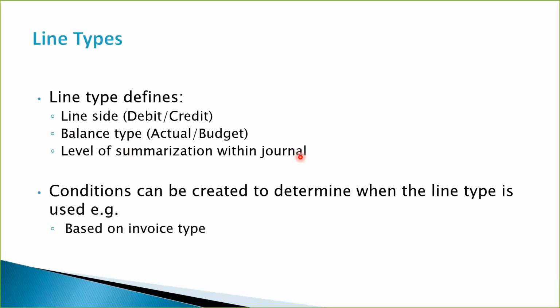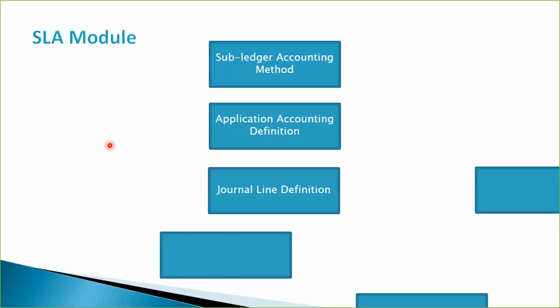So you can say, for example, based on the invoice type, if the invoice is a standard invoice, or maybe a debit memo or a credit memo, then when you create accounting, the line type that is used is going to be that particular line type that you have defined.